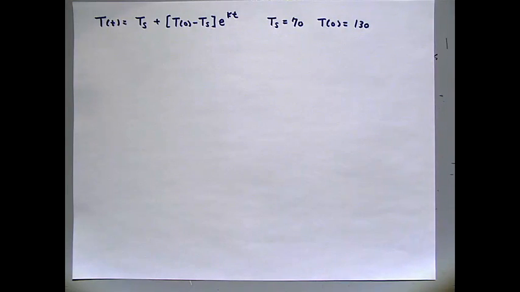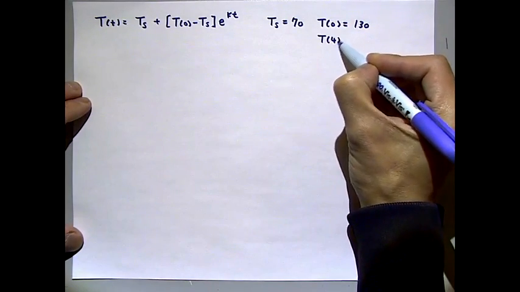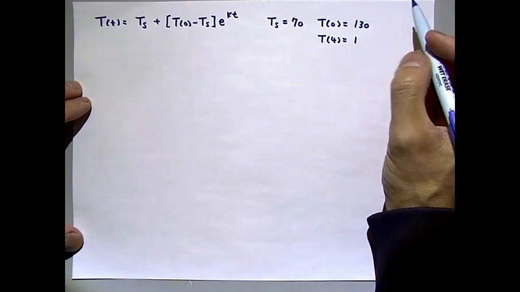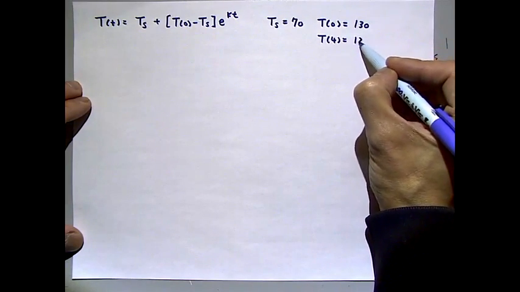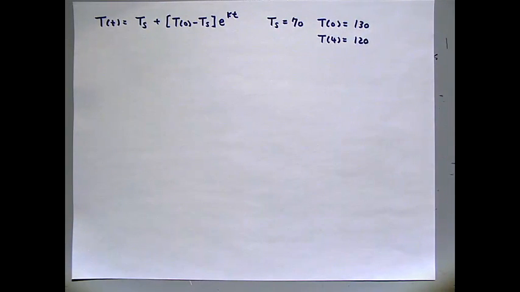We also know from the problem that 4 minutes after I left it out in the room, the temperature dropped to 120. I started with 130. 4 minutes later, I got down to 120. So this is what I know.